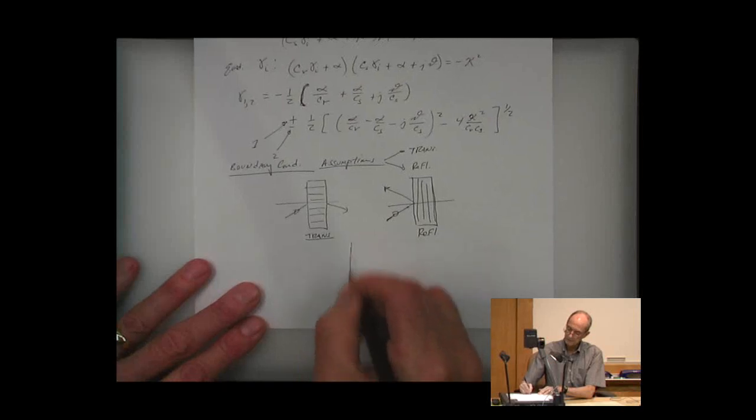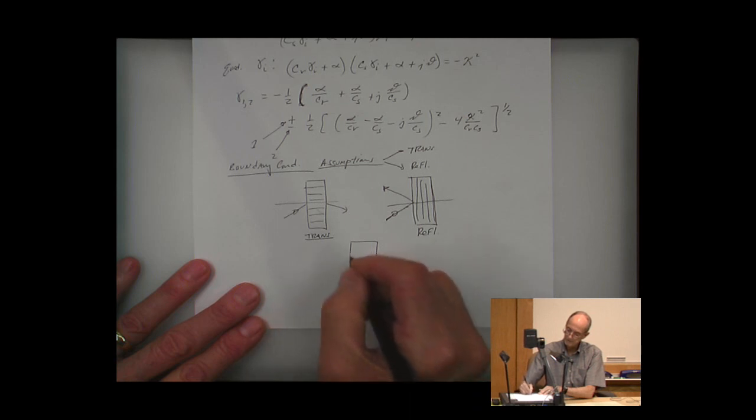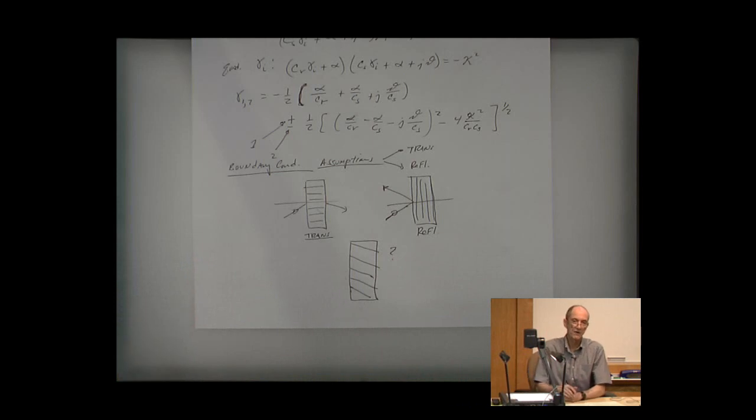But what if we had the fringes at 45 degrees? Okay, so there are some ambiguities in this coupled wave approach.